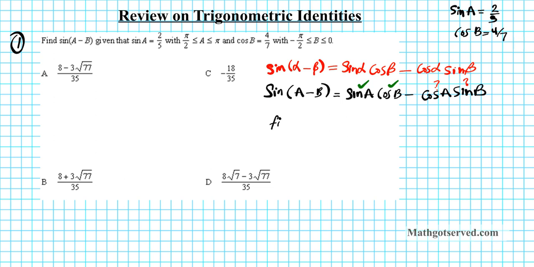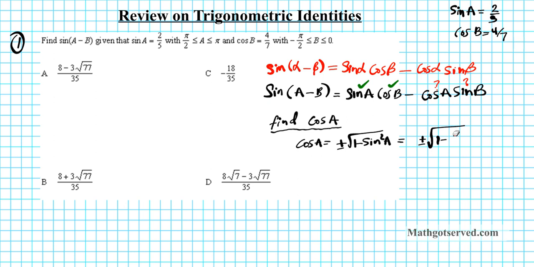Okay, so how about we find cosine A first? Now, how do we find cosine A? Well, we can use the Pythagorean identity to find cosine A from sine A. The Pythagorean identity I'm going to use is cosine A equals plus or minus the square root of 1 minus sine squared A. If I plug in the value of sine A in here, I'll have plus or minus the square root of 1 minus sine squared A, where sine A is 2 over 5.